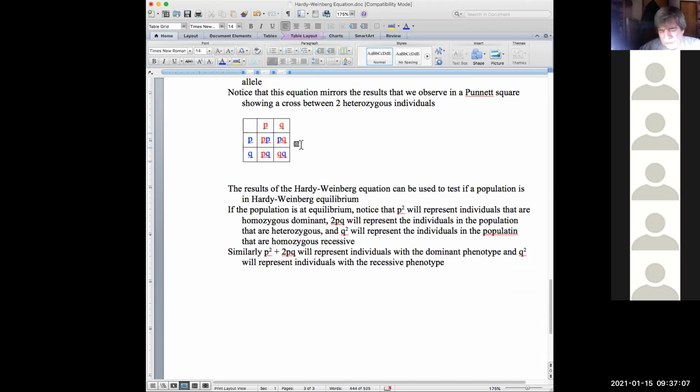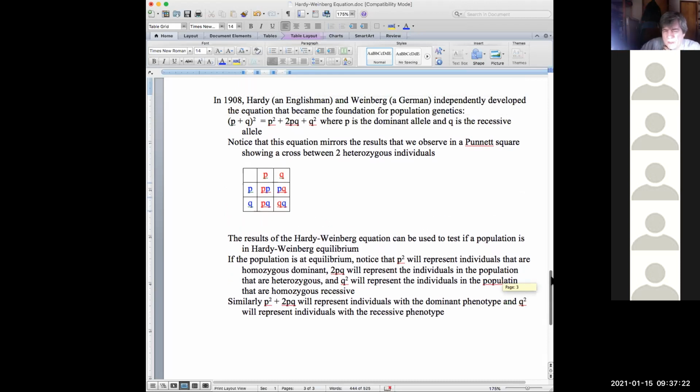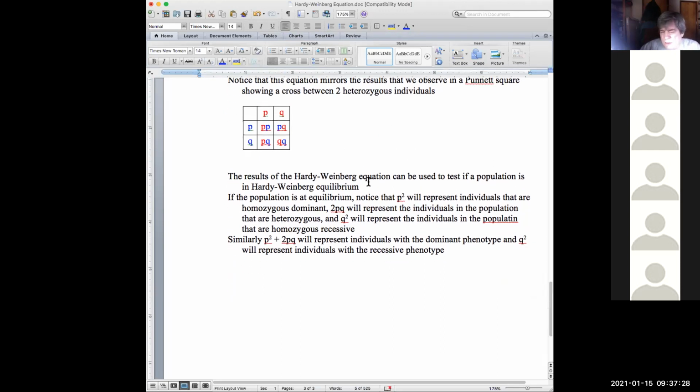But keep in mind, if you go online to any place that's telling you about Hardy-Weinberg, you're probably going to see P's and Q's. Now, when we look at these results, this P squared plus 2PQ plus Q squared, we can use these results to find out if our population is in something that we call Hardy-Weinberg equilibrium.